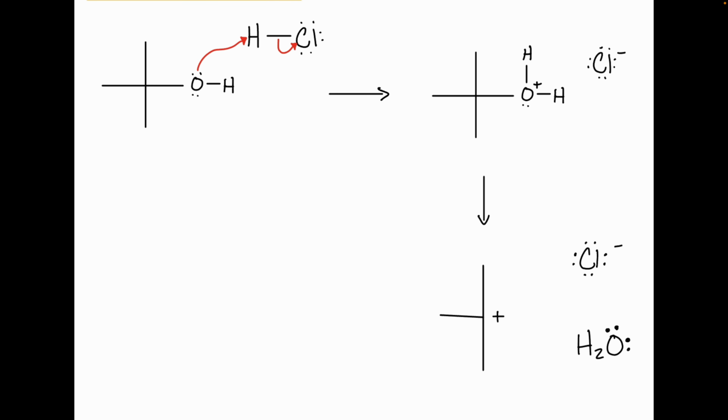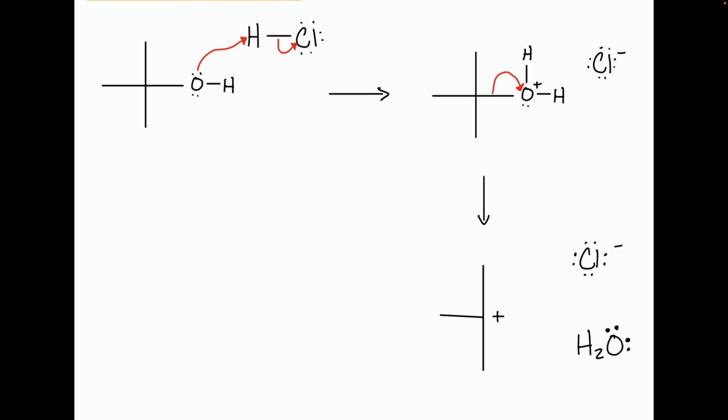Do we have any new bonds being formed? No, I don't have any new bonds being formed. Do I have any bonds being broken? So I'll just need one arrow in here. All right, a bond breaking arrow, which means we're going to start at that bond we're trying to break. Drag that pair of electrons over onto the atom that's accepting that pair of electrons.